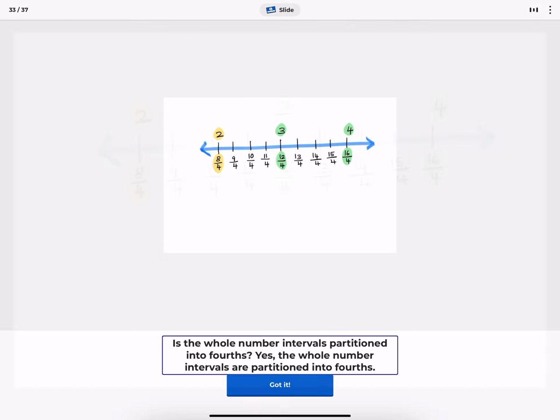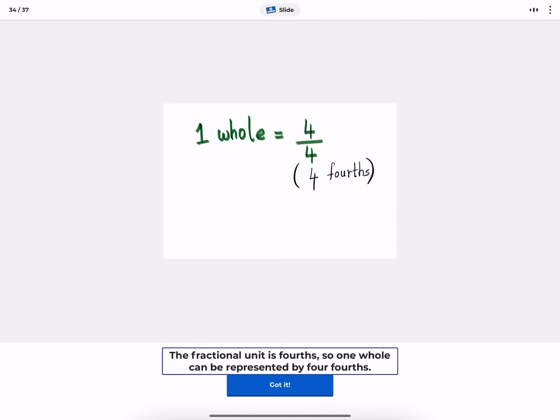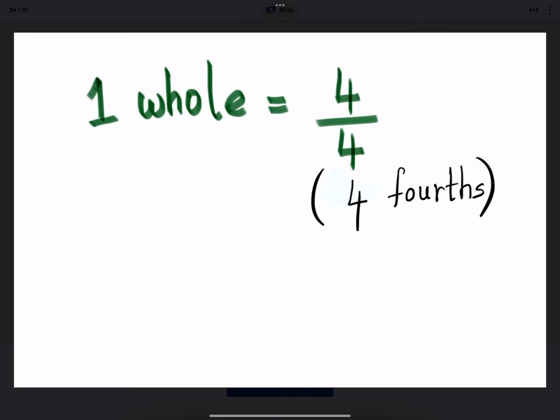Is the whole number intervals partitioned into fourths? Yes, the whole number intervals are partitioned into fourths. The fractional unit is fourths, so 1 whole can be represented by 4 fourths.